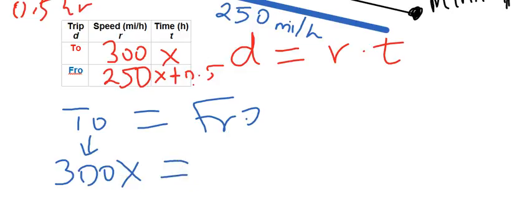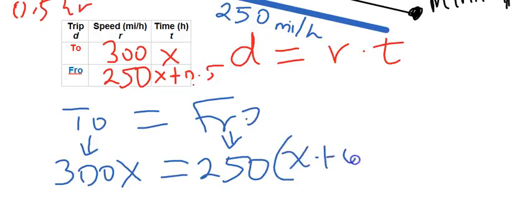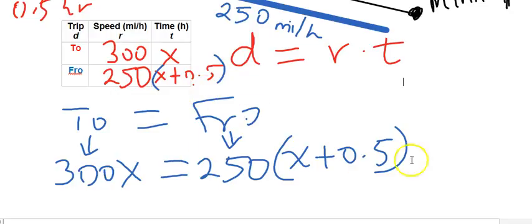And then the distance from is what? It's 250 times x plus 0.5. You have to put them in parentheses because that's going to multiply both of them. So don't make the mistake of multiplying just 250 by x and adding 0.5, because this is the whole time. Because we don't know what x is, you have to multiply the whole thing. You get that?